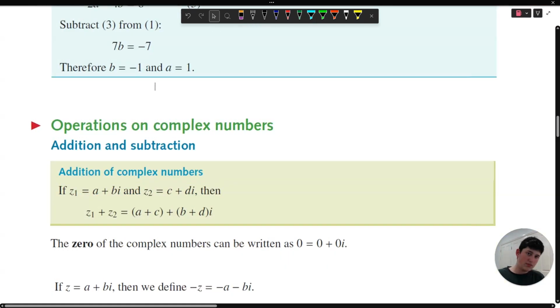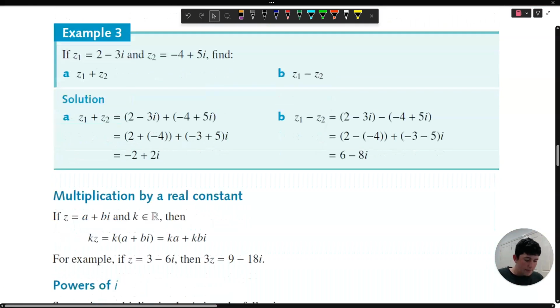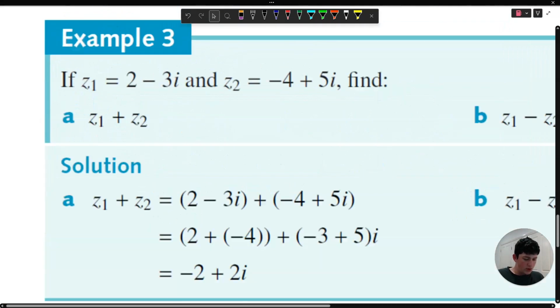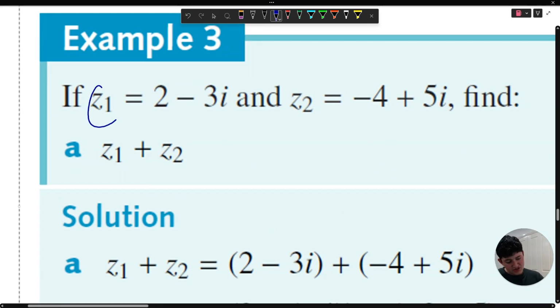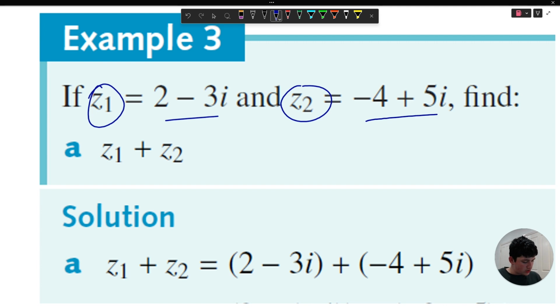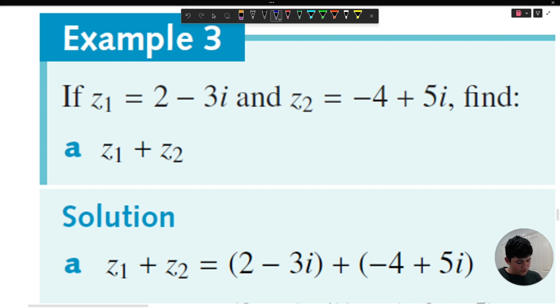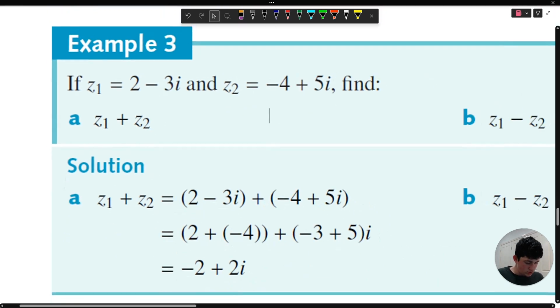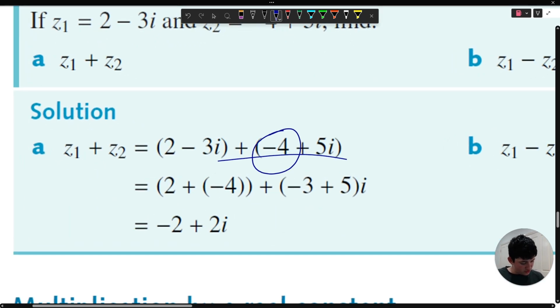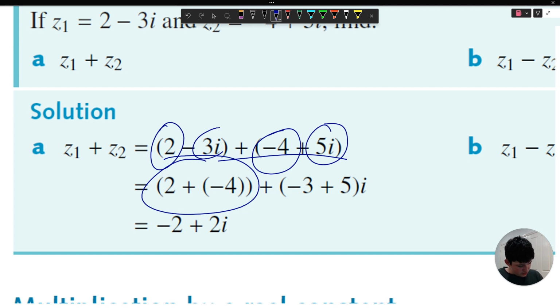Now, this is all a bit much for you, probably. But we can organize these with z. So z1 equals that, and z2 equals that. To find z1 plus z2, we take the two real parts and put them together, and we take the two imaginary parts and put them together.